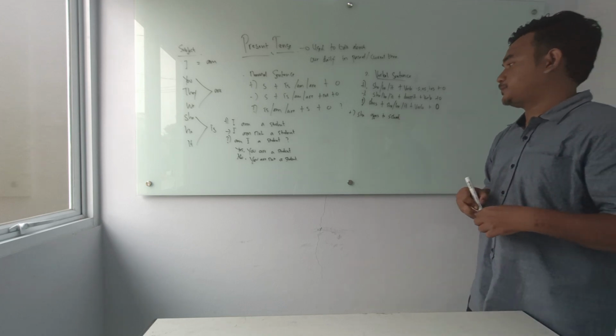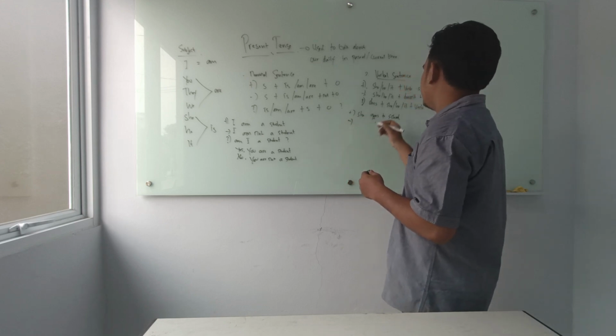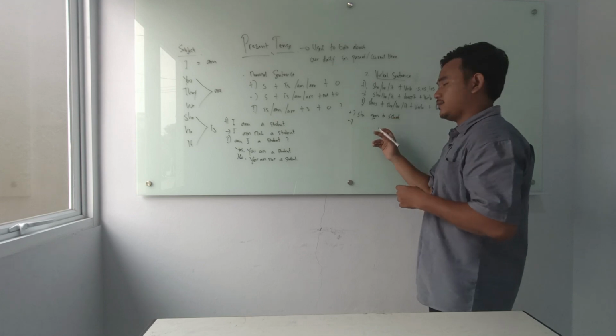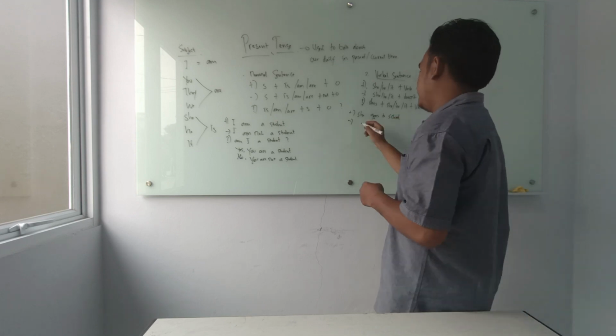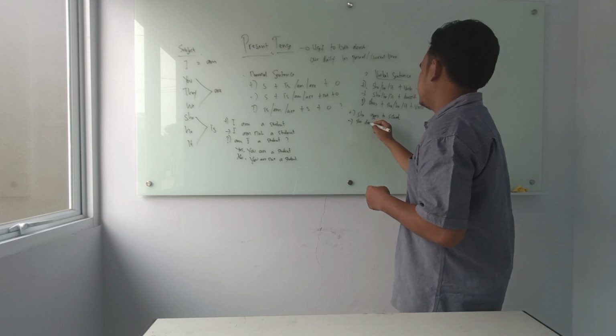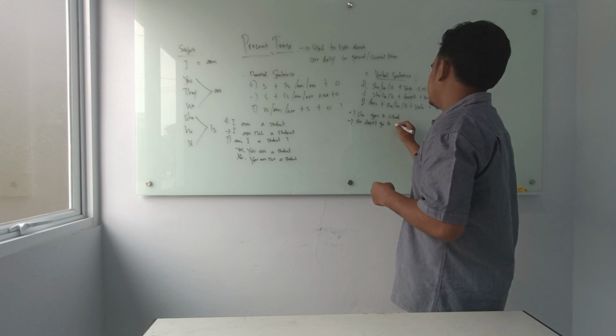Right here. And then in a negative form, we put doesn't without adding es, s, or ies, right? She doesn't go to school.